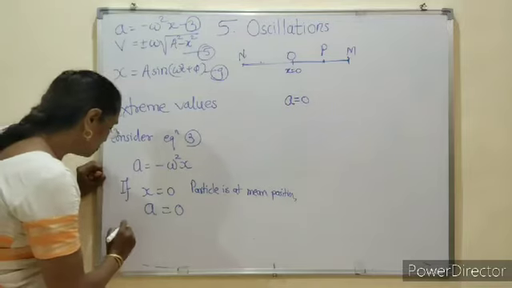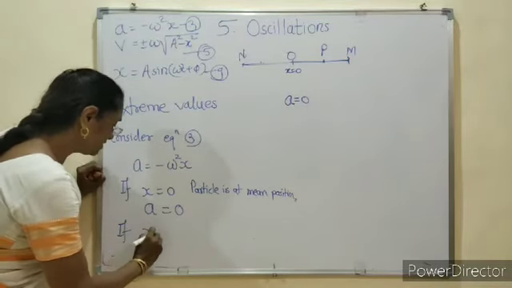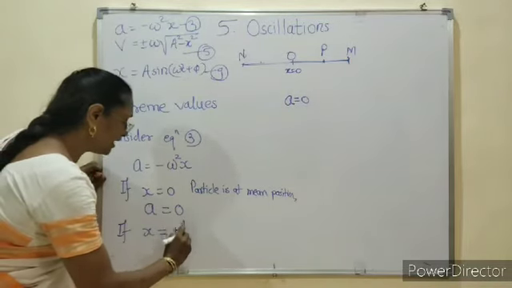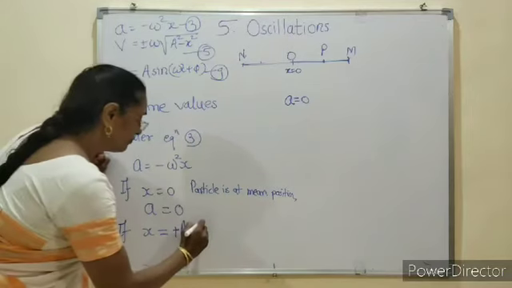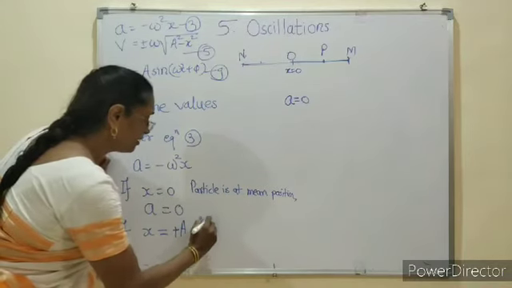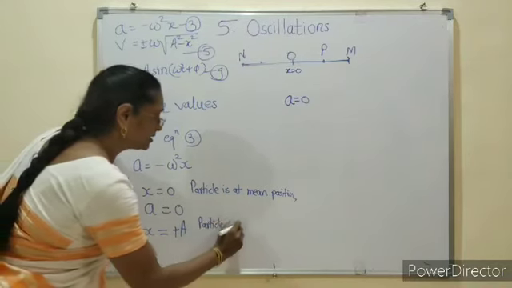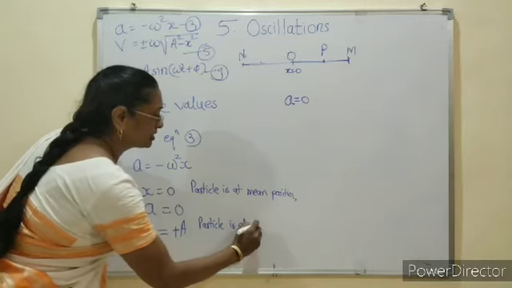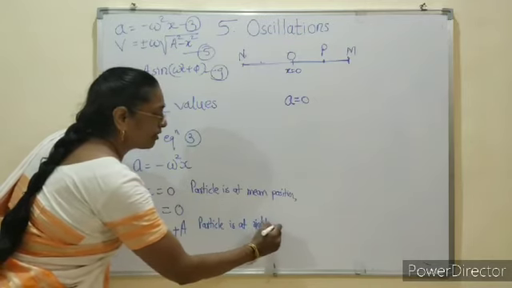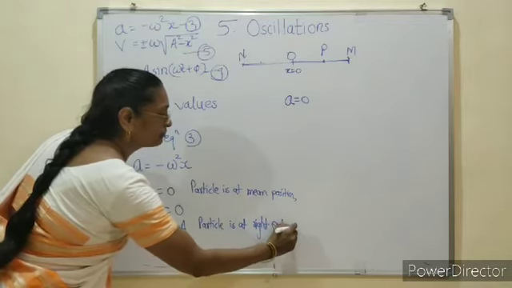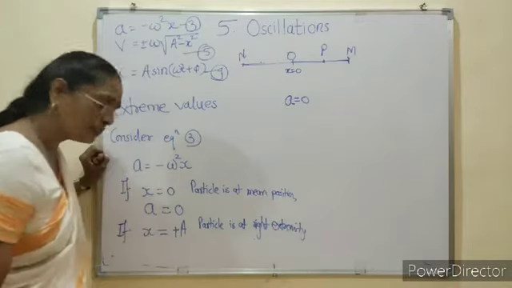Now if we substitute x is equal to plus A, when the particle is at the right extremity, then what is its value?